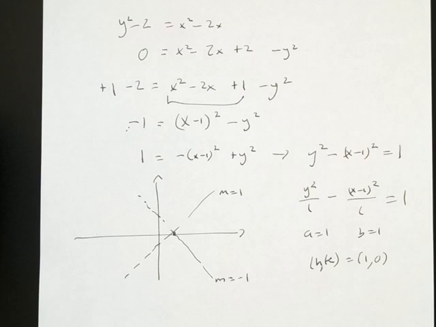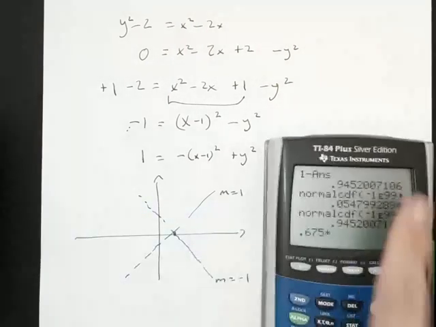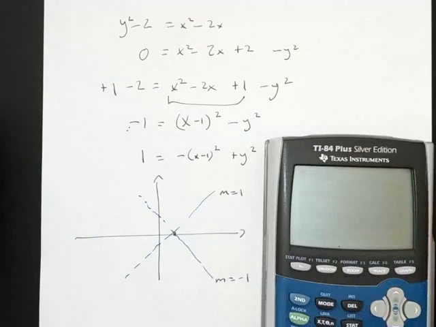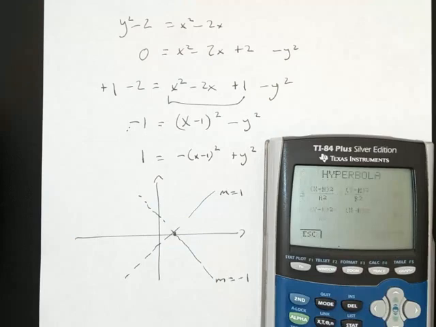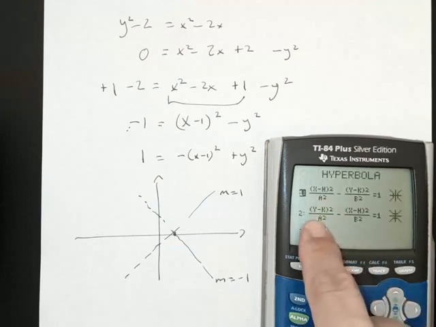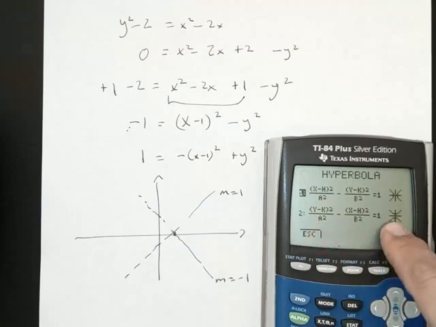As a matter of fact, this is where we can cheat, and we can go to the app on our calculator. Apps, conics, hyperbolas is number 3. Yeah, if the y is positive, we're going up and down.